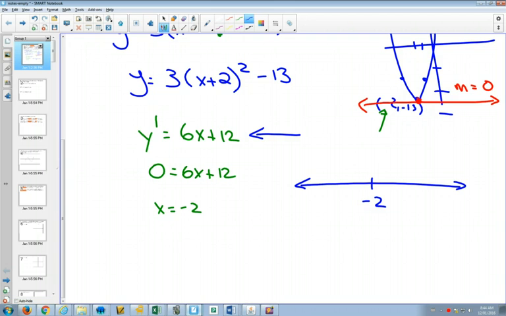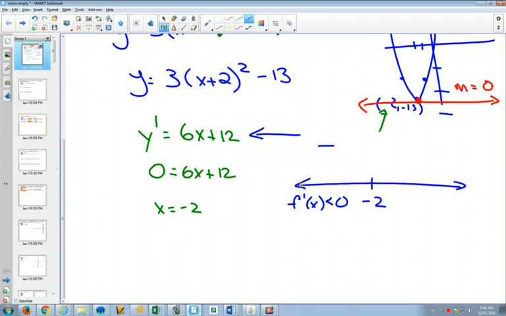If you plug in -4 for x, can you see that the derivative is going to be 6 times -4 plus 12? It's going to be -12. The derivative in this whole section is going to be less than 0, which is negative. So one thing I like to do, you can write f prime of x is less than 0, or you can just write a negative sign here to show that it's negative.